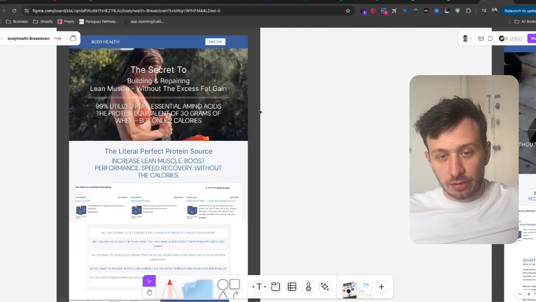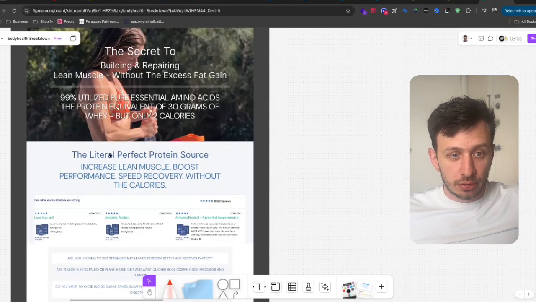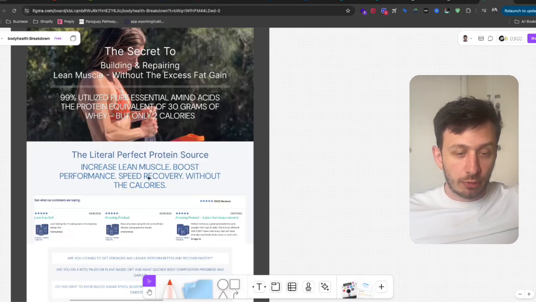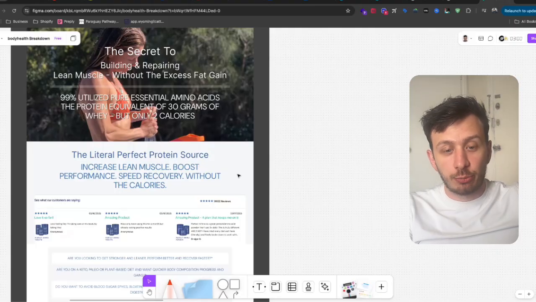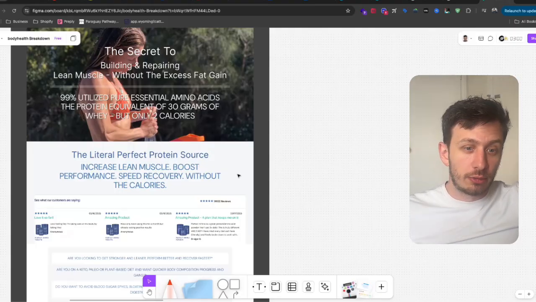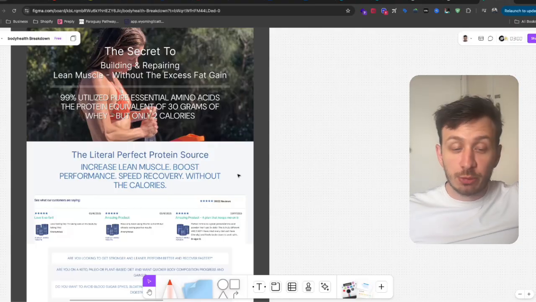So this is the introduction of the product. Literally: perfect protein serves, increase lean muscle, boost performance, speed recovery without the calories. Essentially, this is their unique selling proposition. This is their offer: increasing lean muscle, boosting performance, speeding recovery without the calories.